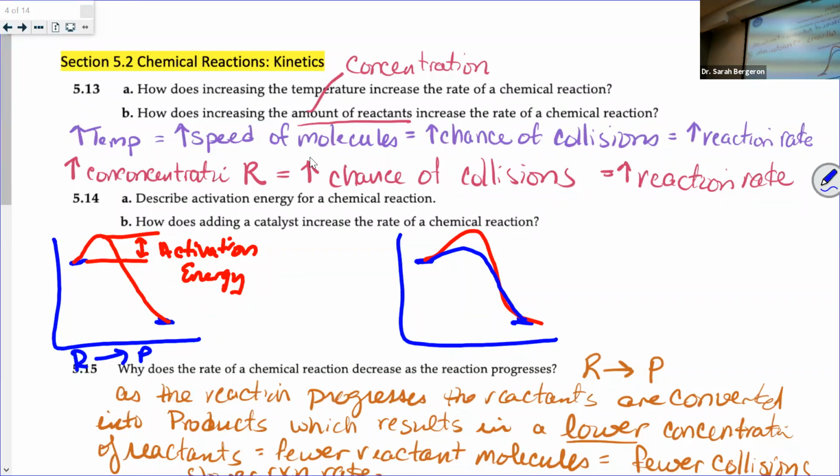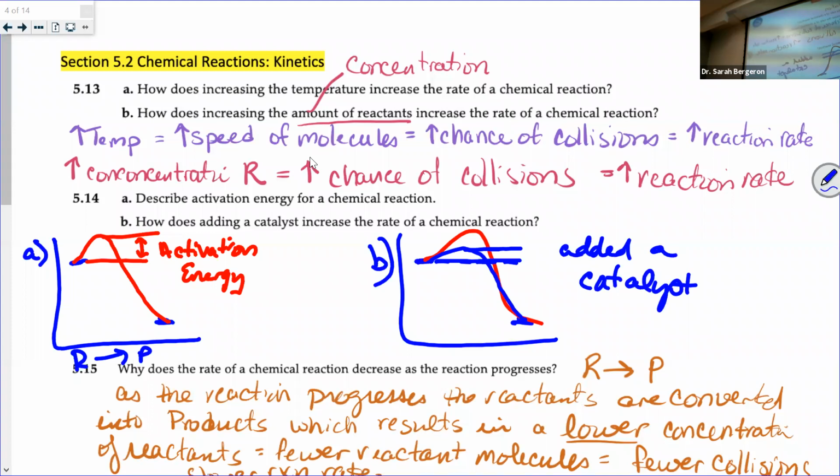I'm still going to finish at the same place. But now look how much energy I have to put in, from here to here. It's even less. So how can you make a reaction go faster? You can add a catalyst. And that's what we did going from A to B. In B, we added a catalyst. So tell me, what does a catalyst do? How does adding a catalyst increase the rate of a chemical reaction?